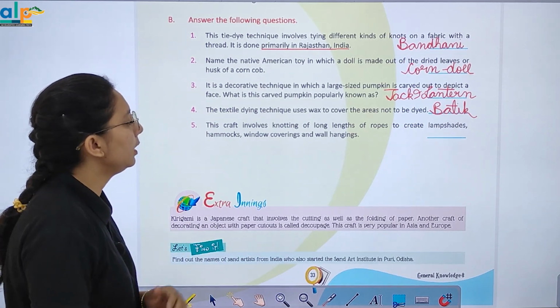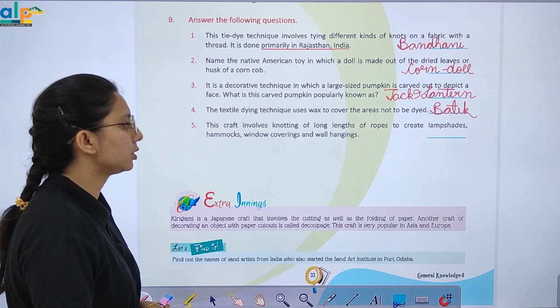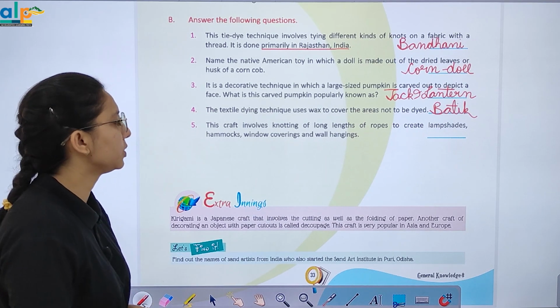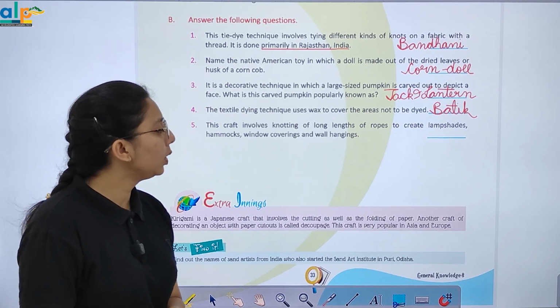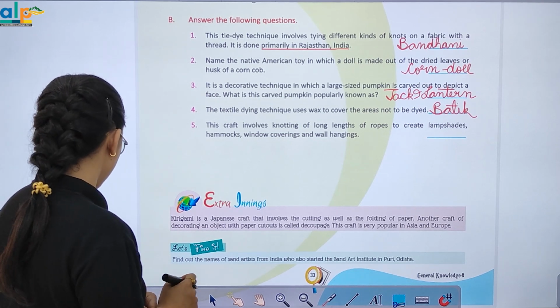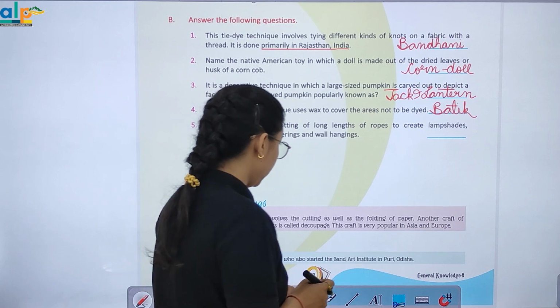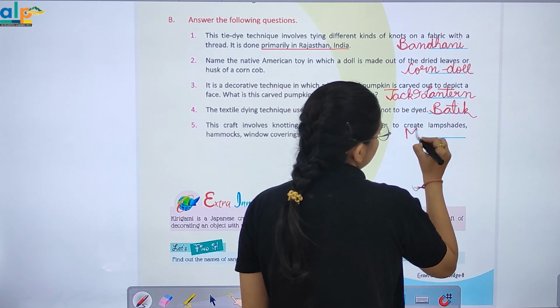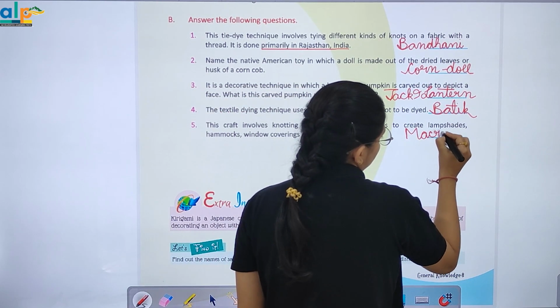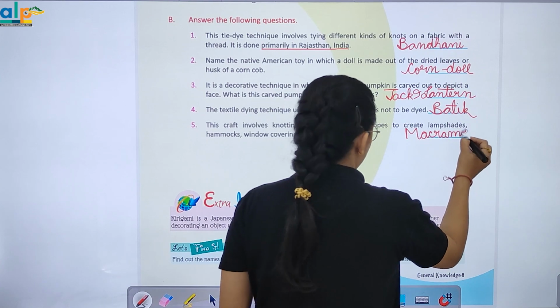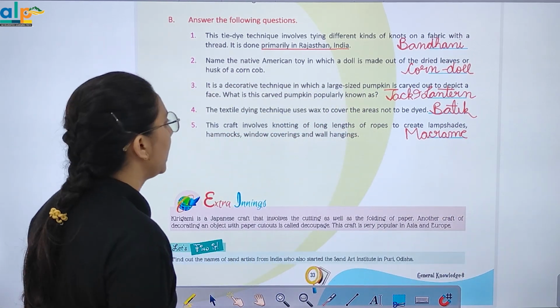The craft involves knotting of long lengths of rope to create lampshades, hammocks, window coverings and wall hangings. What we call it? It is known as macrame.